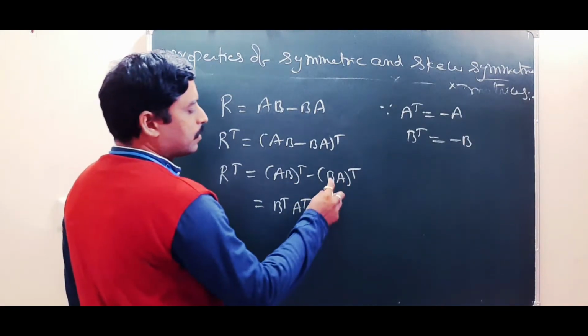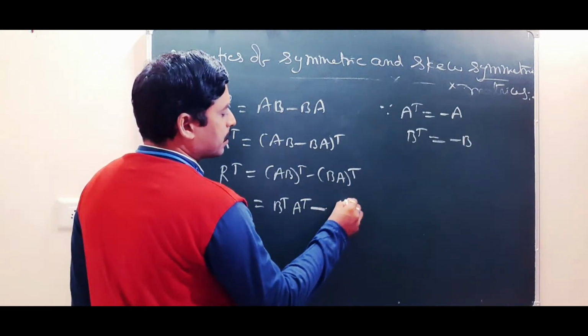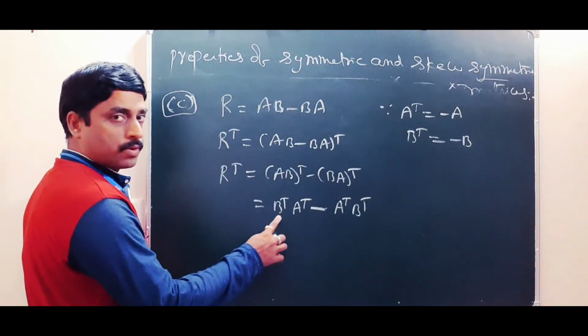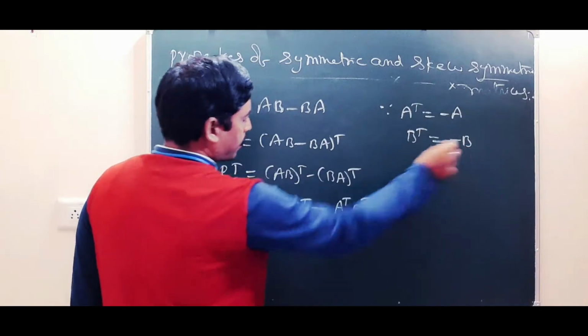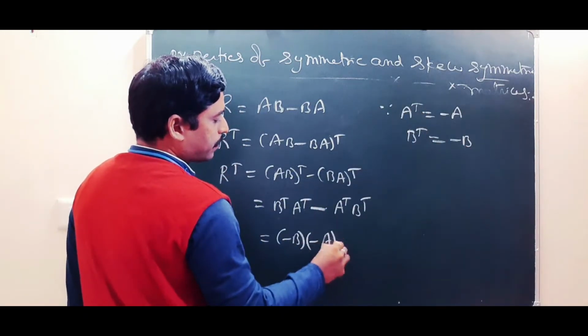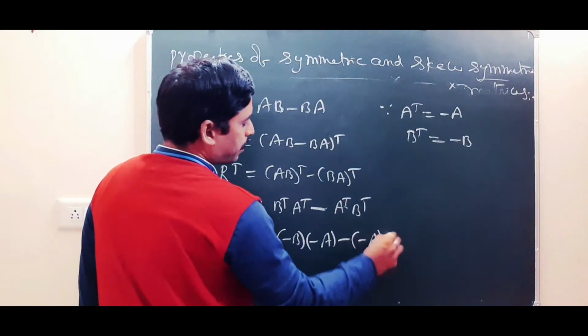Transpose of BA can be written as transpose of A into transpose of B. So transpose of B is minus B, transpose of A is minus A.